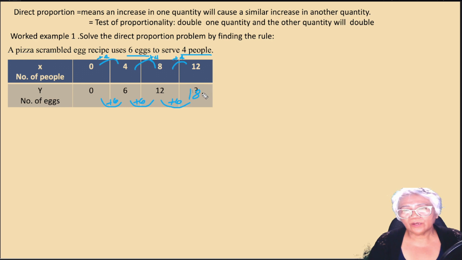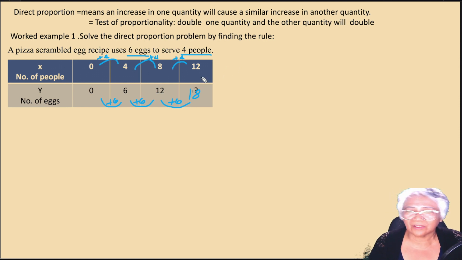Now if the problem is as easy as that, we can just extend the table of values and get the answer. But for example, if you're working out how many eggs would be needed to serve 80 people, then it's going to be plus 4, plus 4, plus 4 until you get to 80.